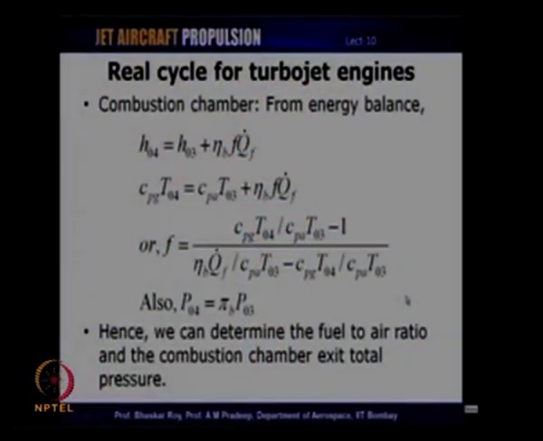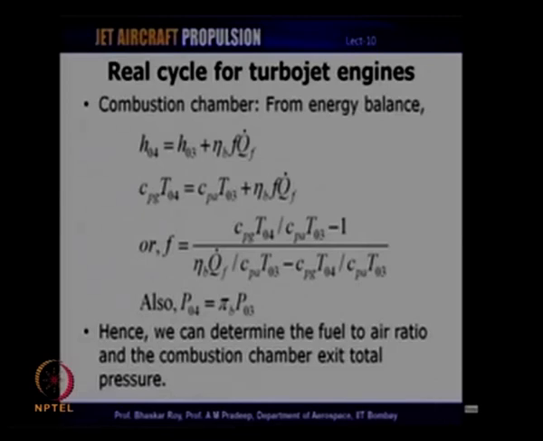So, P04 will be equal to pi b, which is the pressure loss in the combustion chamber, multiplied by P03. So, from this analysis we can find out the fuel to air ratio as well as the combustion chamber exit total pressure, which is basically the turbine inlet total pressure.